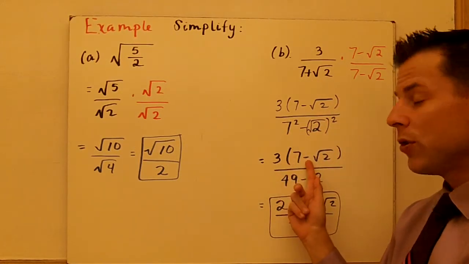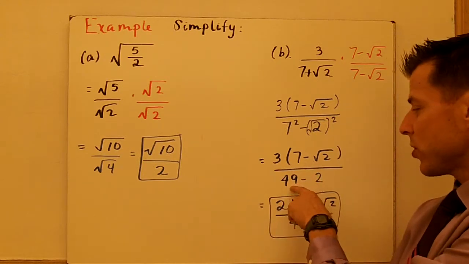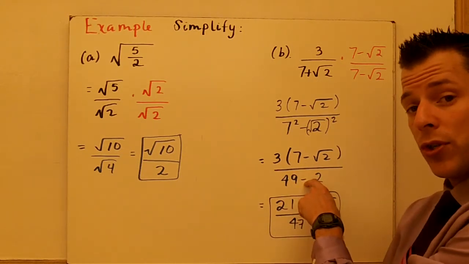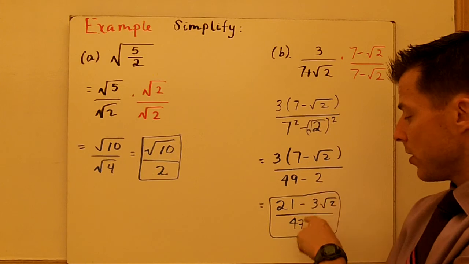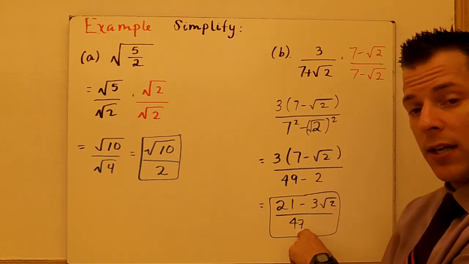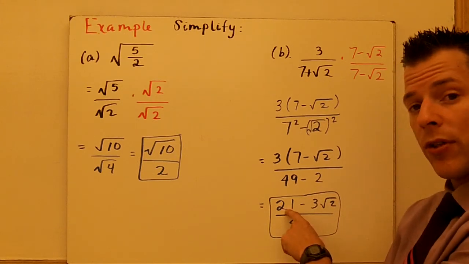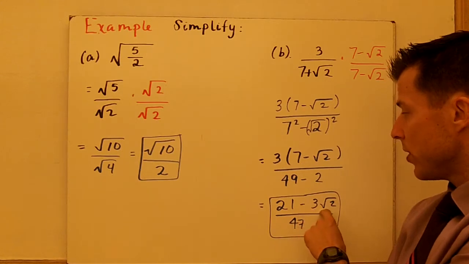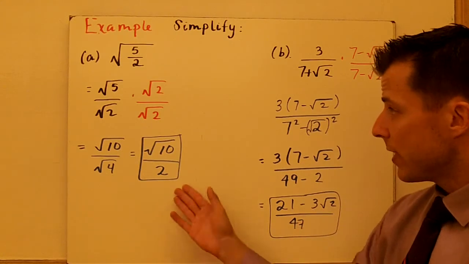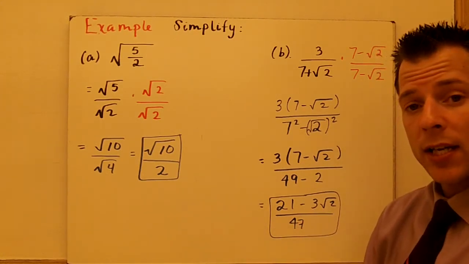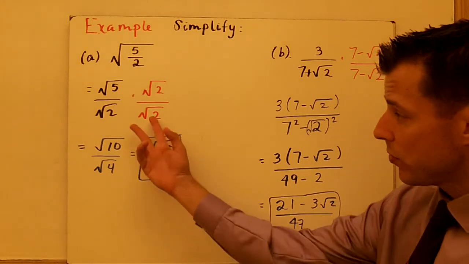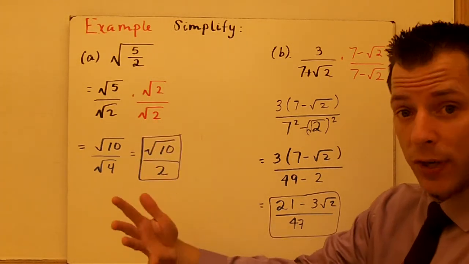Notice I left the numerator, and 7 squared is 49 minus root 2 squared is just 2. So the denominator becomes 47, and then I went ahead and distributed the 3. I get 21 minus 3 root 2. Okay? So that's how you simplify and rationalize the denominator. As soon as you get that radical out of the denominator, you've rationalized it.